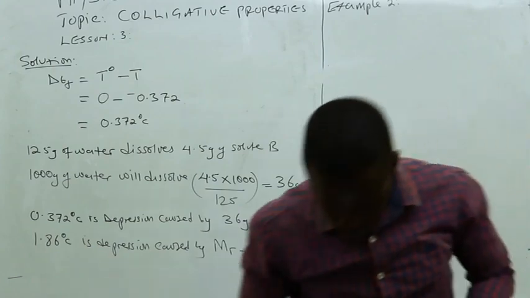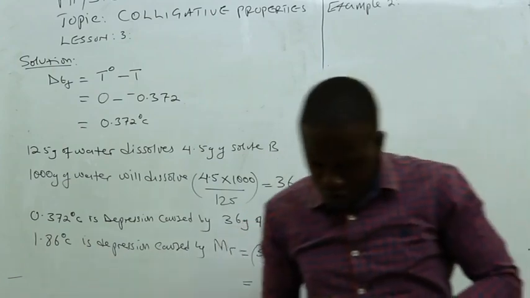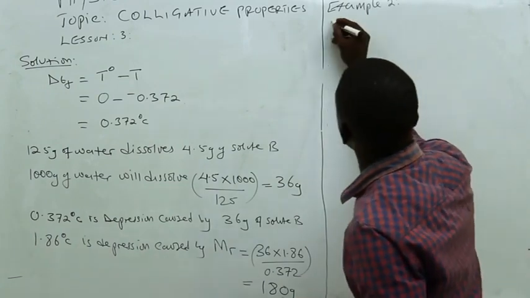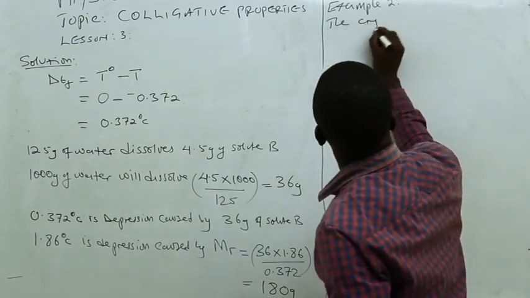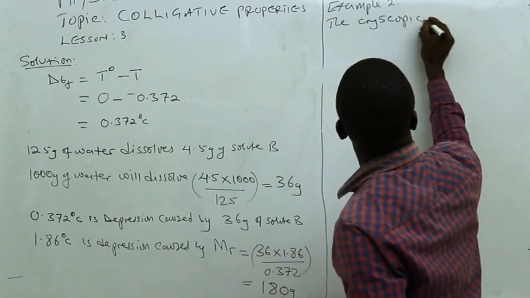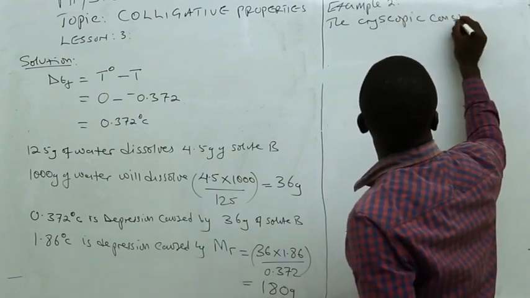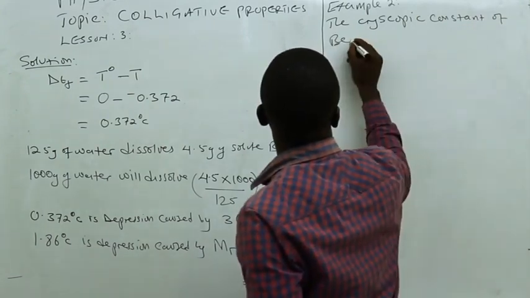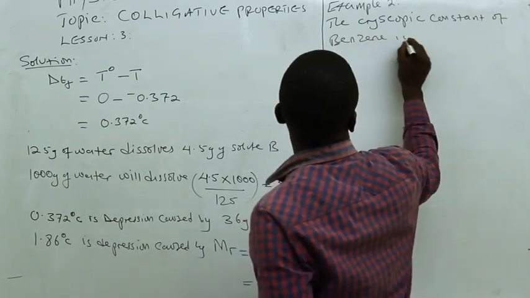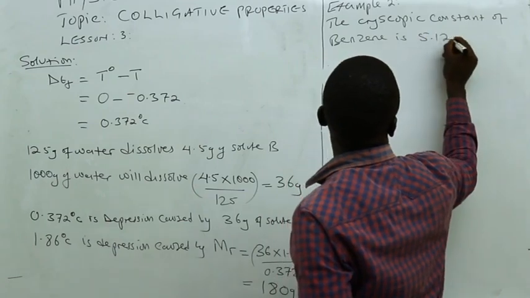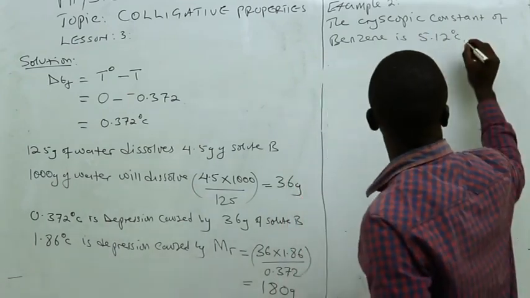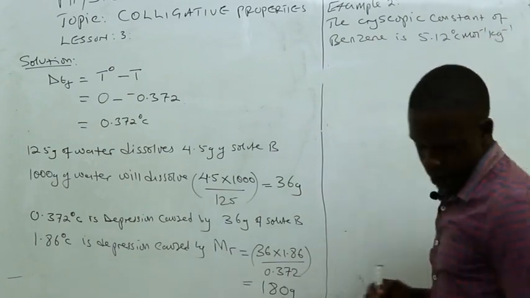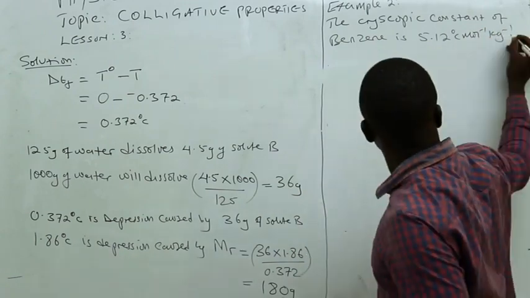The cryoscopic constant of benzene is 5.12 degrees Celsius per mole per kilogram. Full stop.